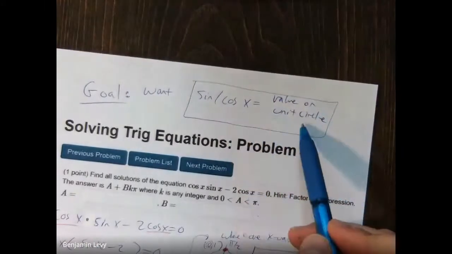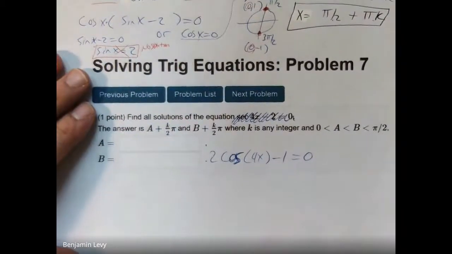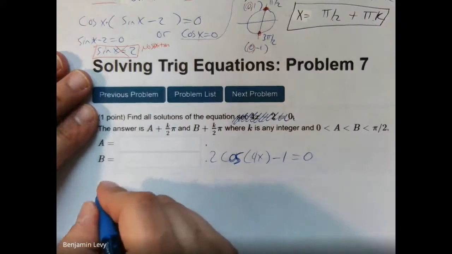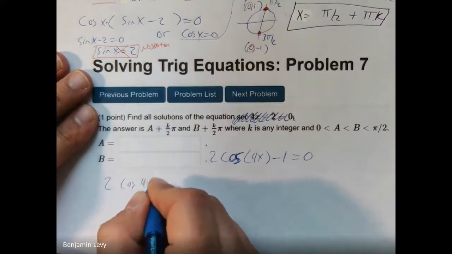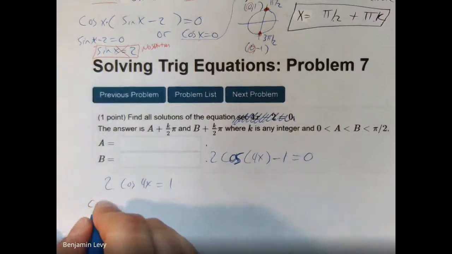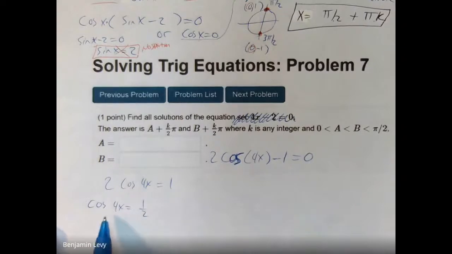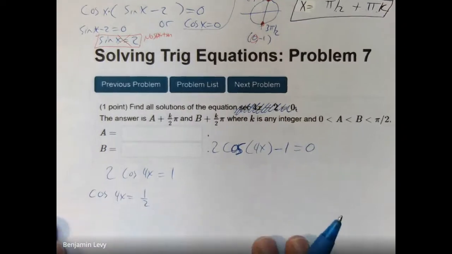Okay, so again, we want something to say like sine or cosine equals a value on the unit circle. So get cosine by itself. Add the 1, we'd have 2 cosine 4x equals 1. Divide by 2, cosine of 4x equals 1/2. Bam, we have cosine equals a number on the unit circle.